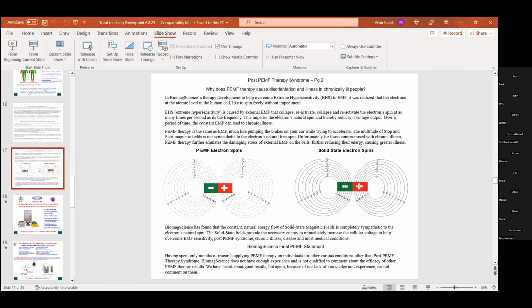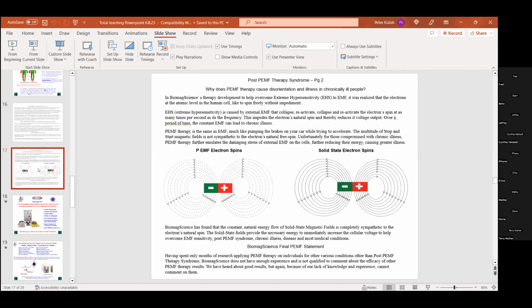And I just want to say one thing: I've spent months working with PEMF devices, only months. I've spent years and years on solid state biomagnetism. And I really am not qualified enough to see how PEMF therapy works, how it helps other conditions.